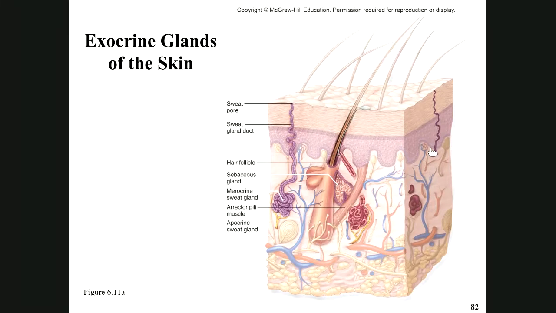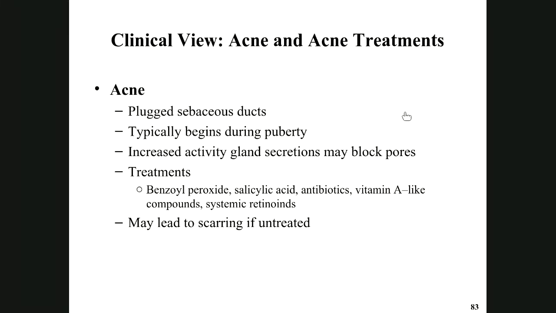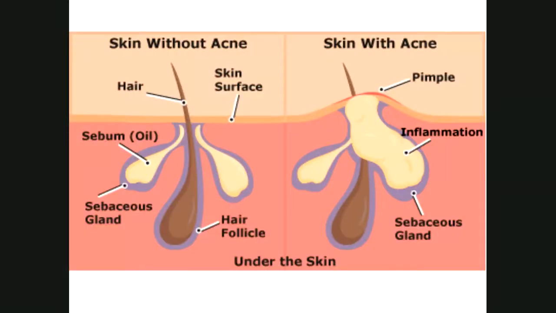The other part is about acne. Look at first this picture. You can see that these are the sebaceous glands, and here we have a hair follicle. When this pore, which helps excretion of the sebum, becomes clogged, becomes blocked, the secretion remains here, and it can cause inflammation.